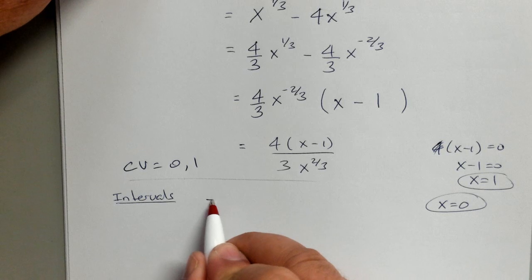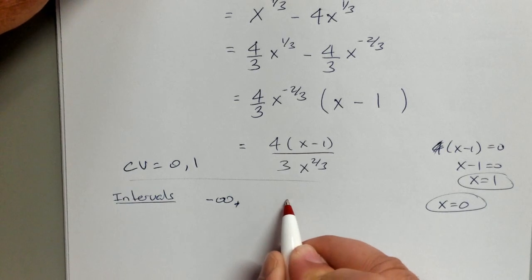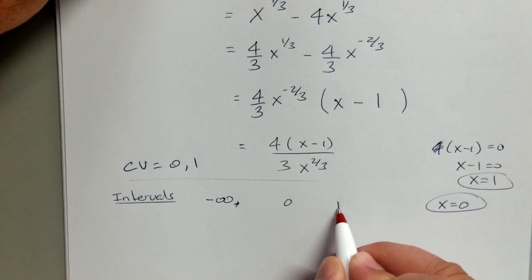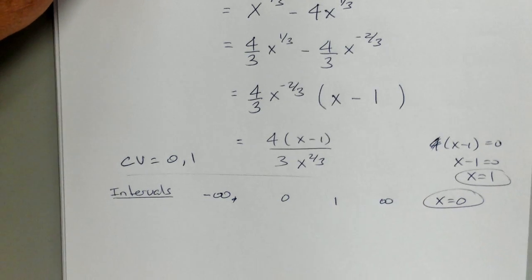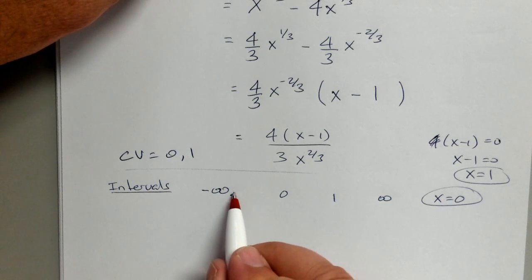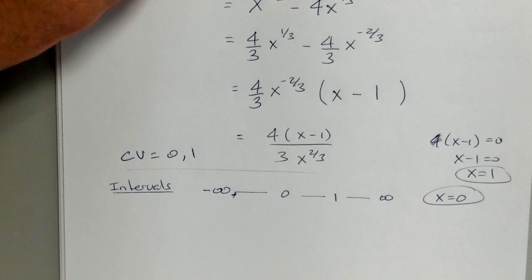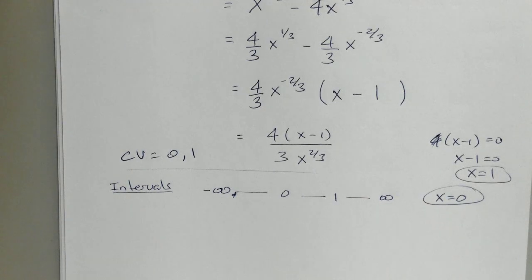So our intervals are from negative infinity to 0, 0 to 1, and 1 to infinity. What's going to happen between negative infinity and 0?